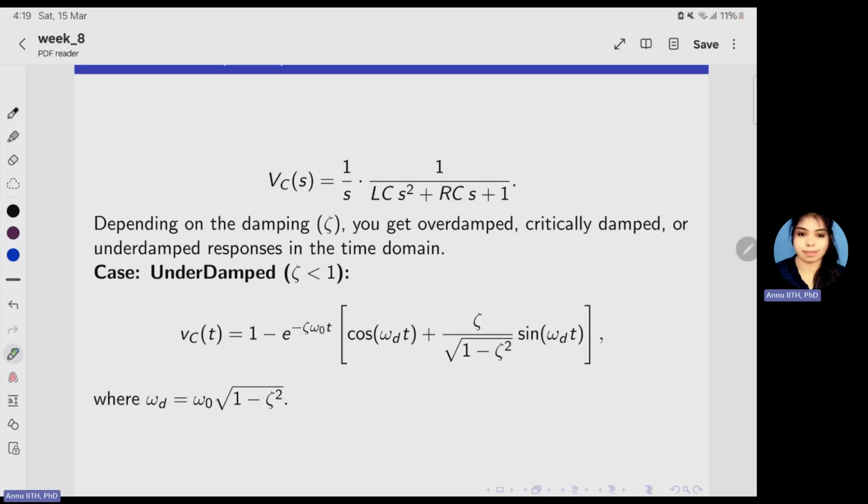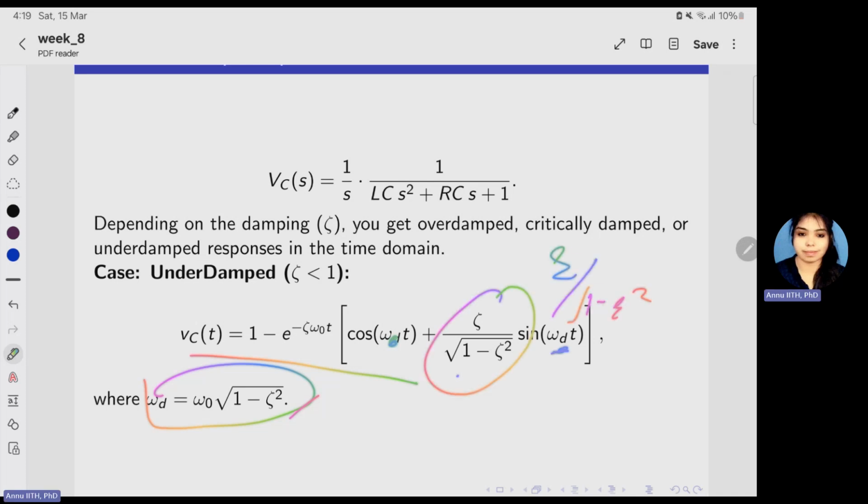So that's great to know. And here you have omega d, and this is theta divided by 1 minus theta square. This is the damping factor.